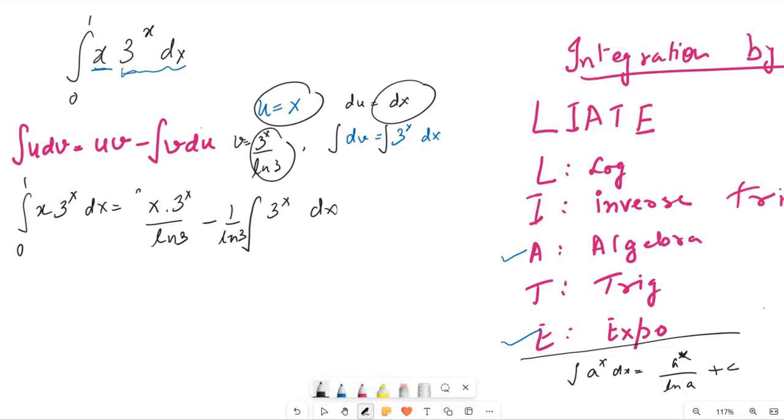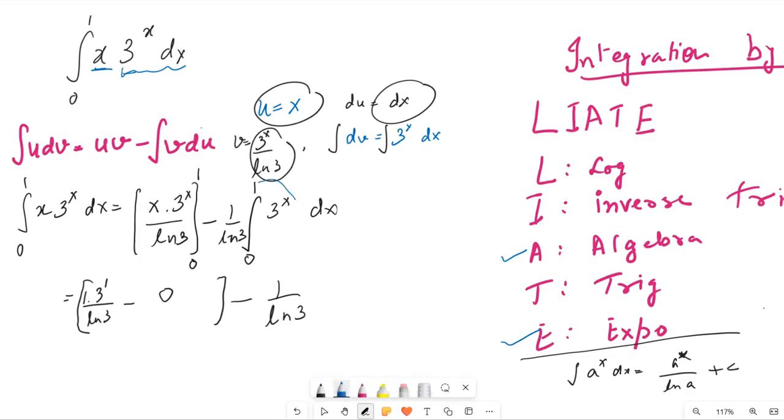Now one important point, this was a definite integral problem, and this part we already integrated. So that means here you're going to write limits like this, and we're going to continue writing limits in the integral of the second part of the statement. So for the first part, you can get ready to put the limits. When I put 1, it's 1 times 3^1 by natural log of 3, minus, this will be just 0 when I put 0, minus 1 by natural log of 3.